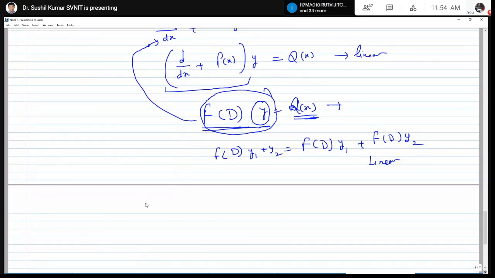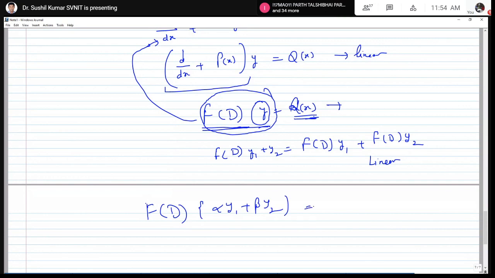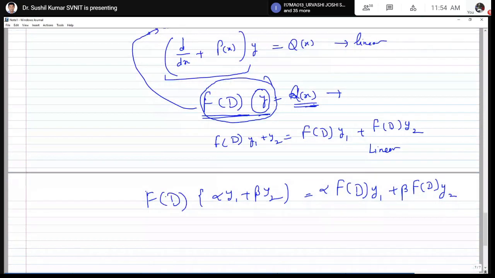Okay, so this part f D of alpha y1 plus beta y2 must be equal to alpha f D y1 plus beta f D y2. So let us check it.